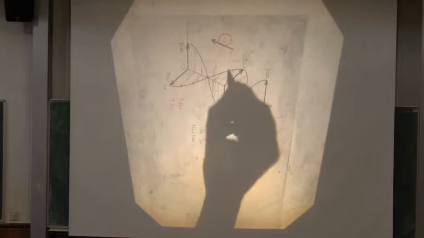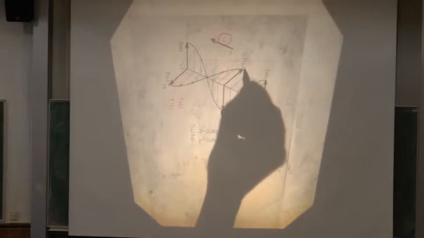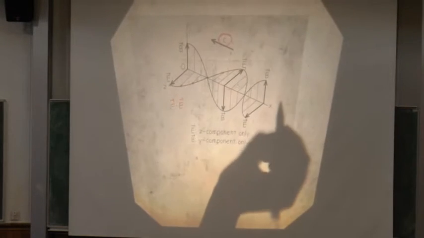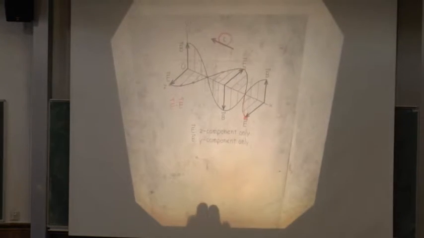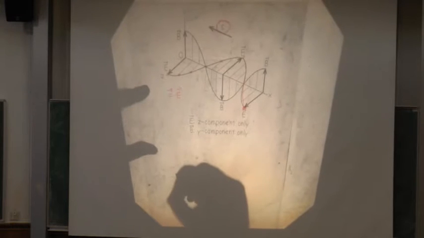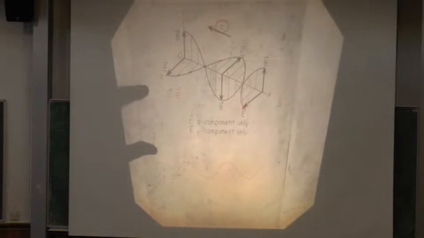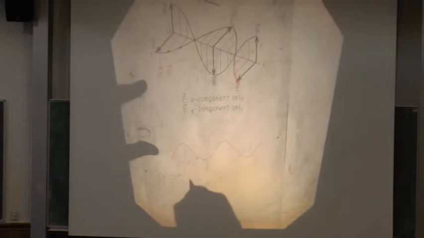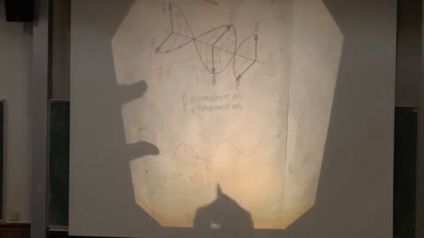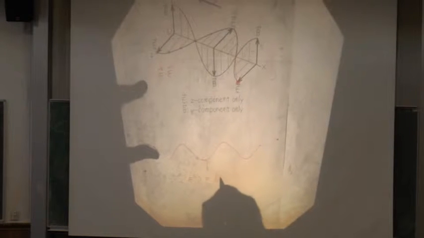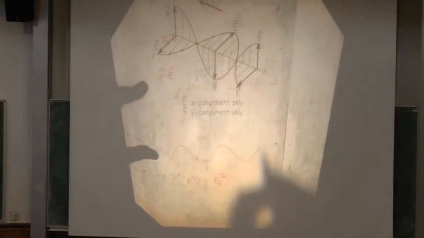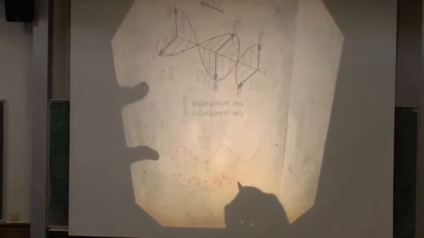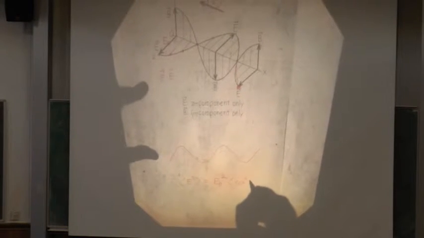But as we know, if we go over an entire period of oscillation of the wave, the electric field over a period is just a sinusoidal variation. So the average value of E squared is E naught squared, where E naught is the amplitude, times the average of something that is varying sinusoidally.